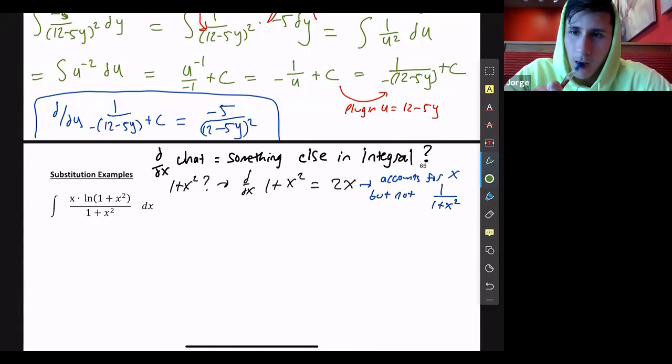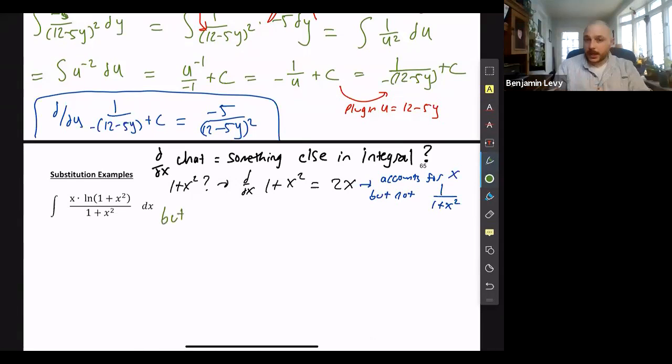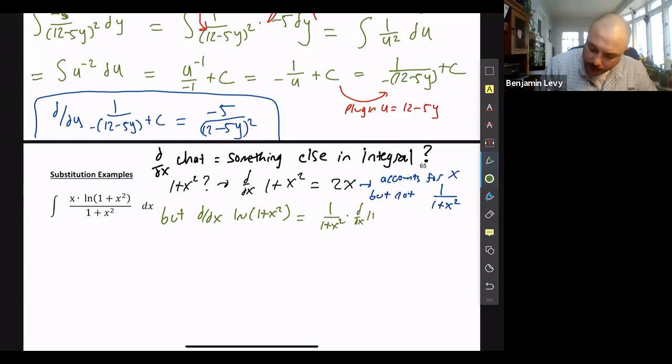So let me just write that down. So 1 plus x squared didn't work, but if I differentiate natural log of 1 plus x squared, right? It's a chain rule. Let me do the details. You do 1 over what's inside there, which is good. And then you multiply by the derivative of the inside piece, which is also good because we're going to get an x out of that.